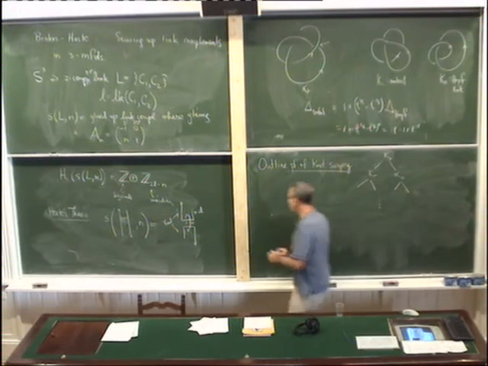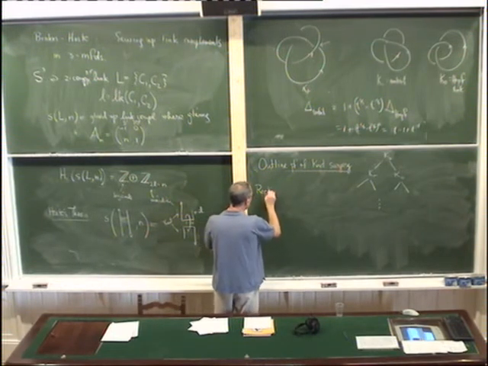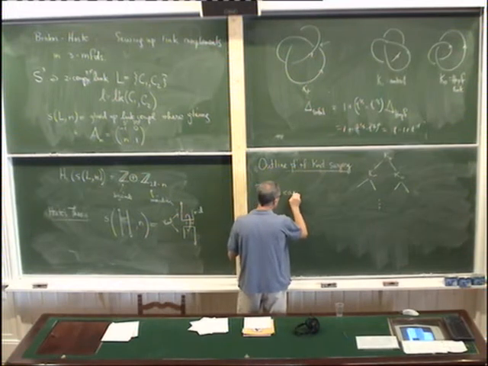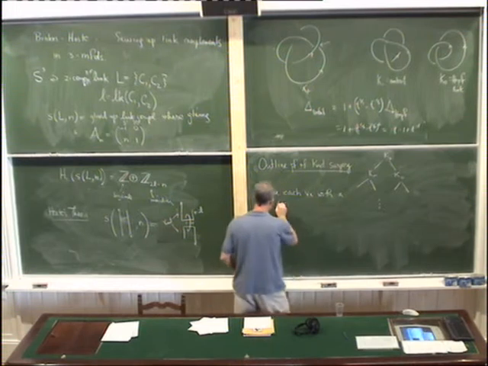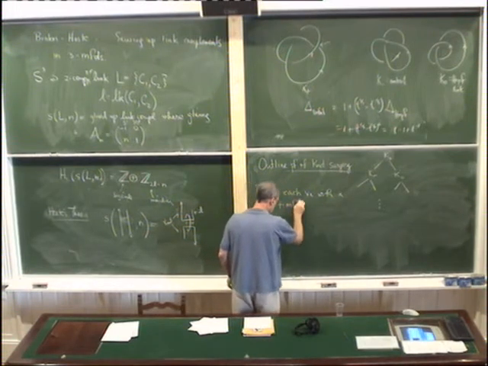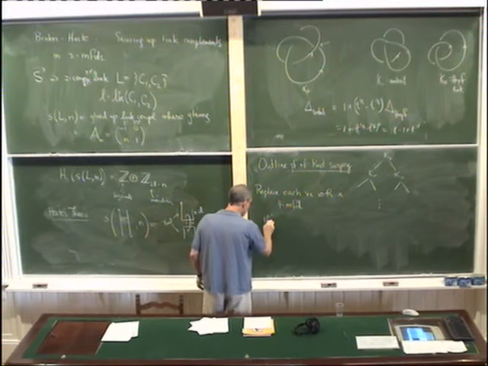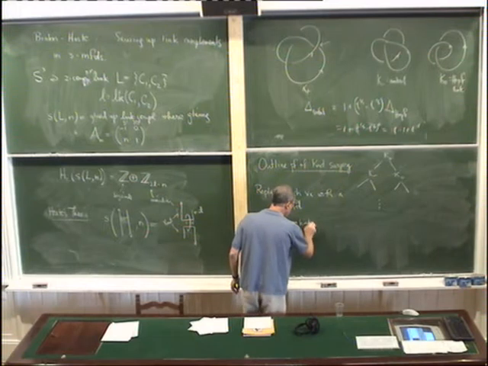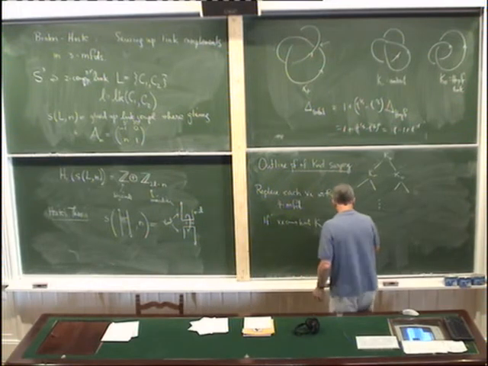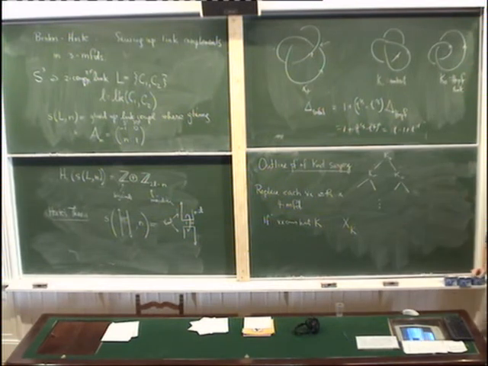Okay? And so now the idea is we want to replace each vertex with a 4 manifold. And so in case the vertex is a knot, the vertex corresponds to a knot K, you replace the vertex with X_K. Okay?